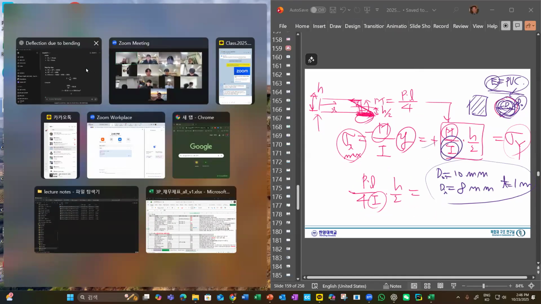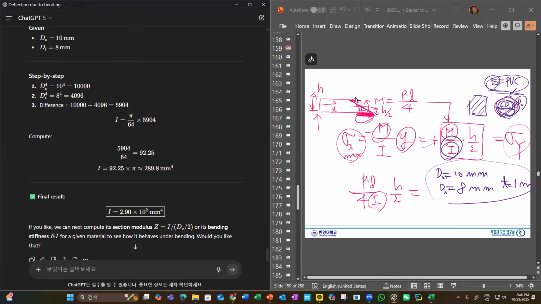So let's get back to here. I is 290 millimeter to the 4th of this circular section. Now, what else do we need? The H. What is H?